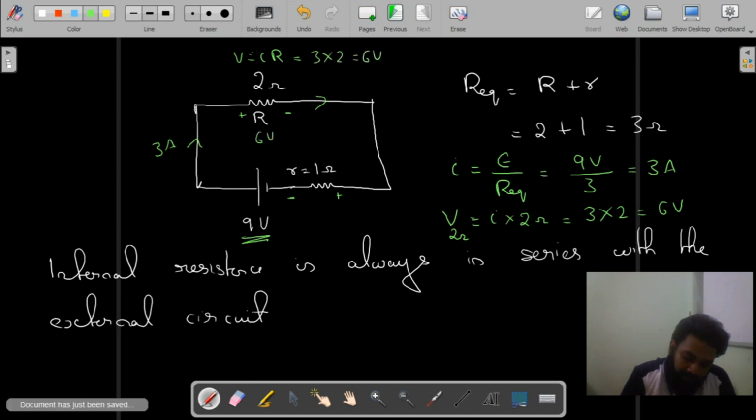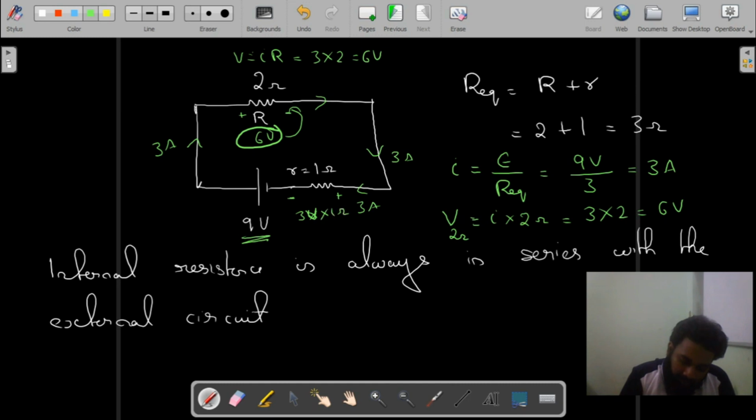So 6 volt is dropped in the 2 ohm, and for the 3 ampere through the 1 ohm, 3 into 1, we get 3 volt. So look here, this 9 volt is dropped as 6 volt in the 2 ohm and 3 volt in the 1 ohm. So the entire 9 volt is distributed among the resistors. Clear?